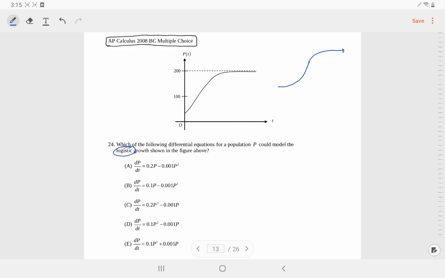So the question is, how did we do this first semester? How did we do this a long time ago when we were working on logistic? If you remember the long way, in the long way we ended up with a dt over here and a number, and whatever was over there ended up over here.